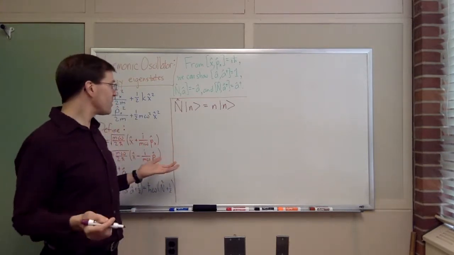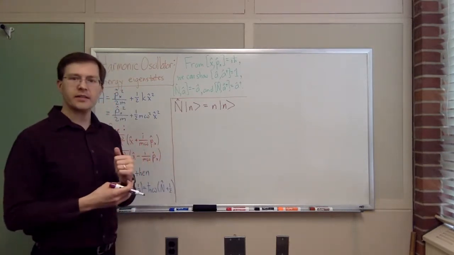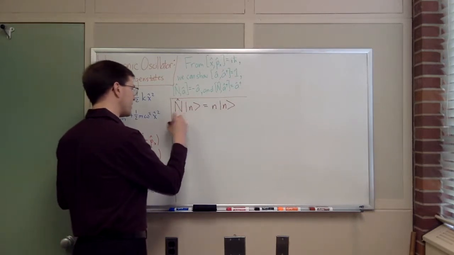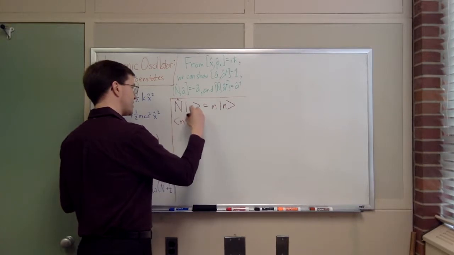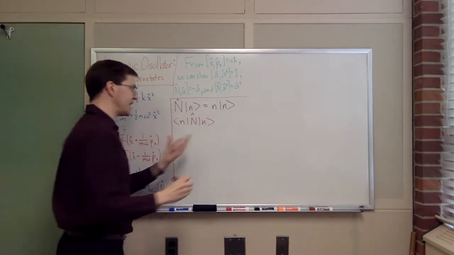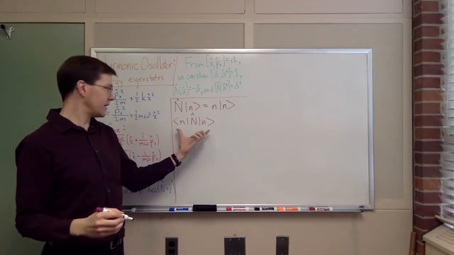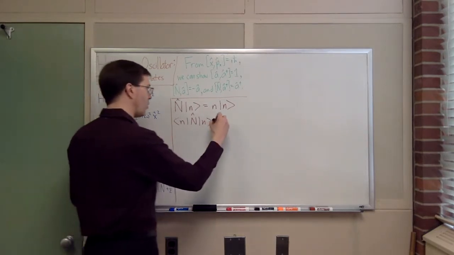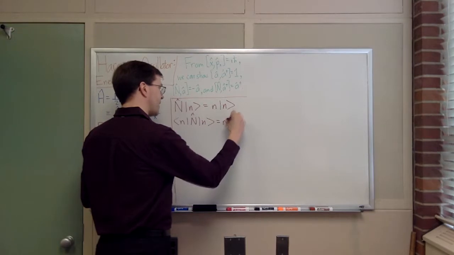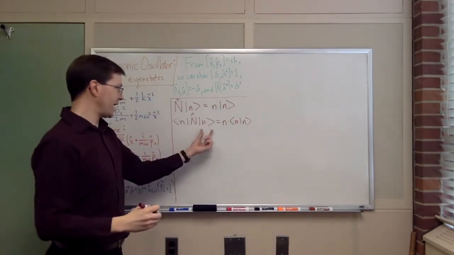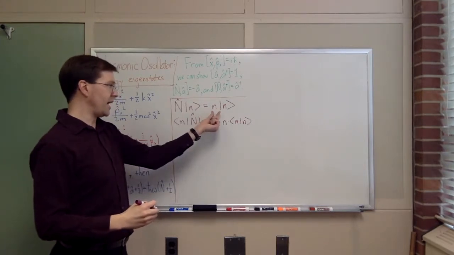And so, let me look at this. Well, one thing I can do with this is to say, what is this quantity, this bracket? This is the expectation value of N hat in the state n. Well, I know that this is just n times this, because N hat acting on the n ket gives me little n, a constant.